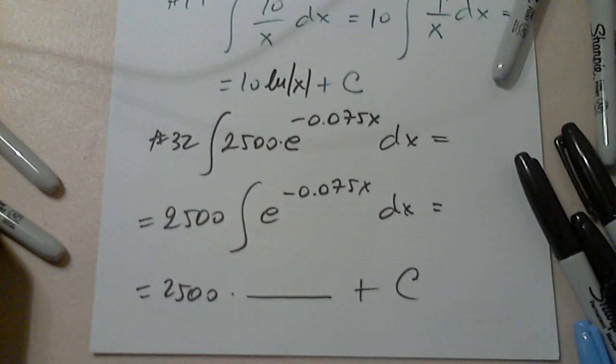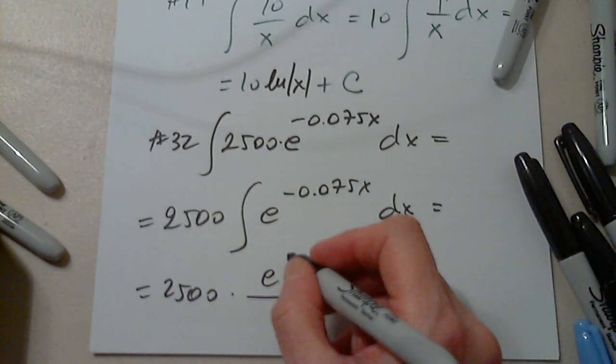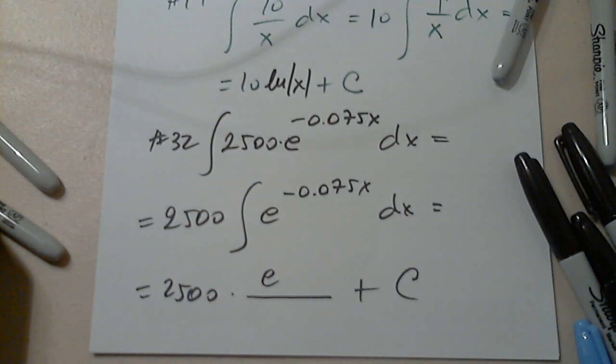So what do we have to write now? Anyone? Yes? E to 0.925.